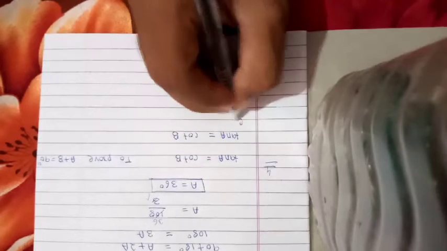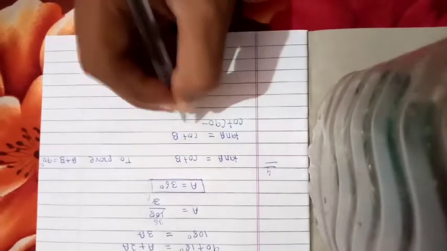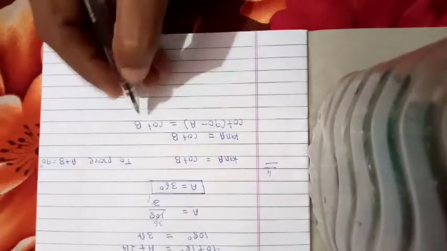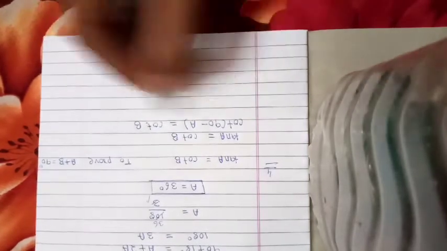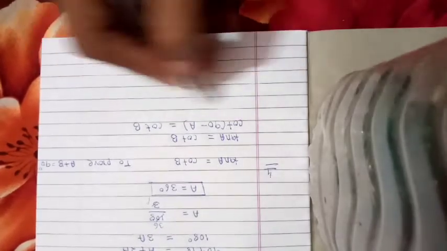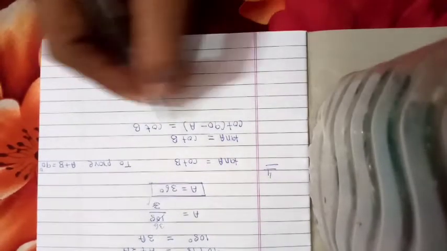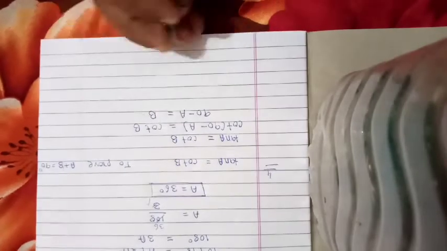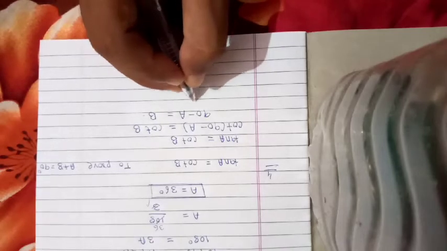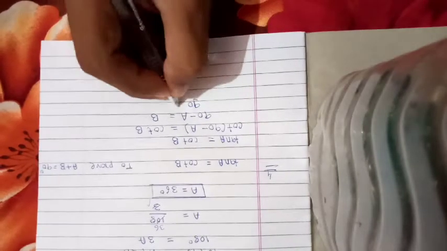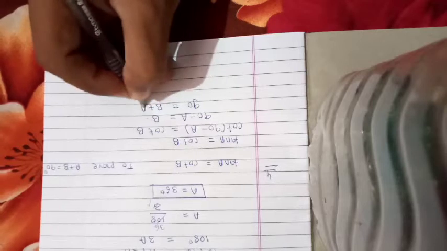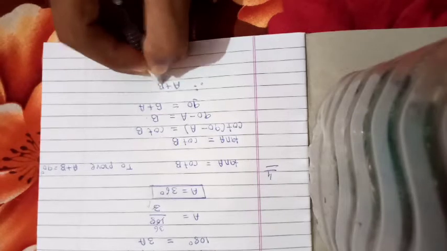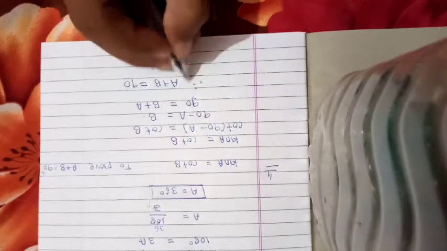So tan a you can write as cot (90 minus a), which is equal to cot b. You can remove the cot on both sides, we assume that it will be cancelled. So 90 minus a is equal to b. Take a to the other side, so you will get 90 is equal to b plus a. Therefore a plus b is equal to 90.